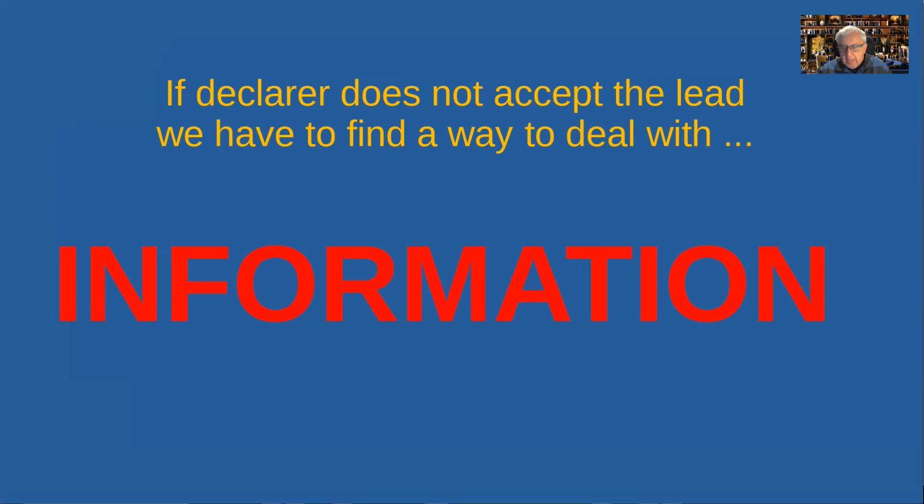So we've decided, or at least the declarer has decided, to let the opposition put the lead card back in their hand. So what would be the fair way of dealing with that information?